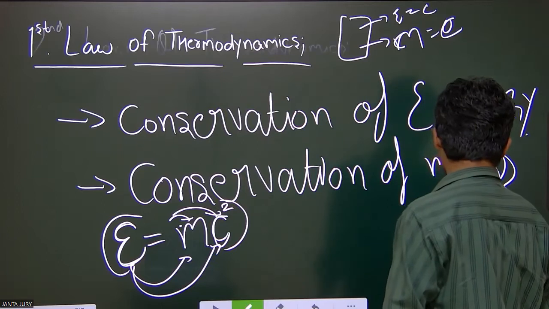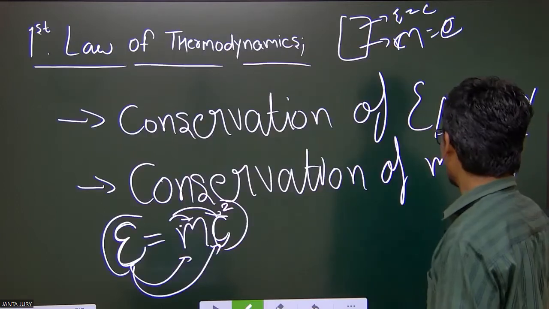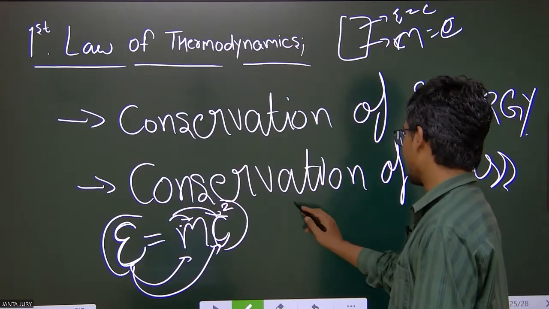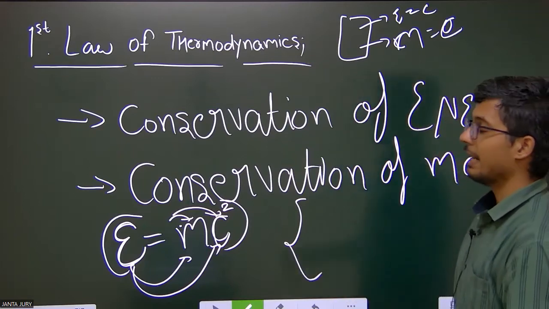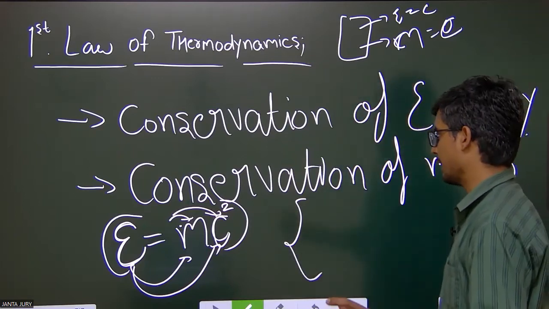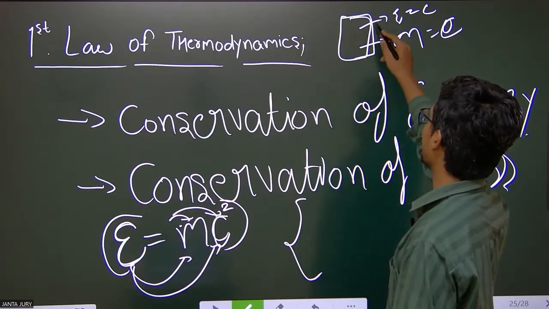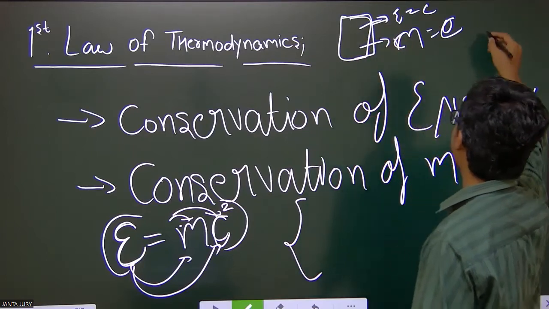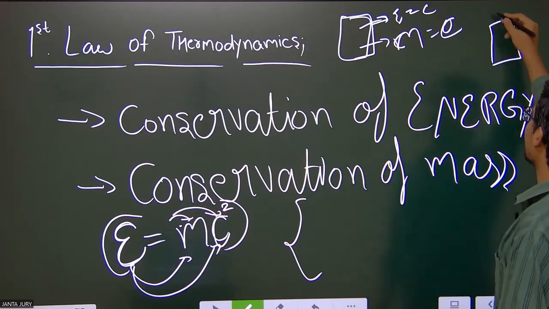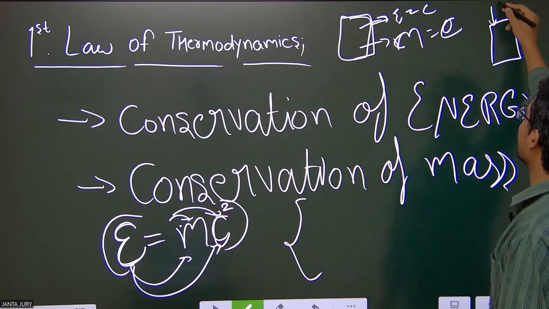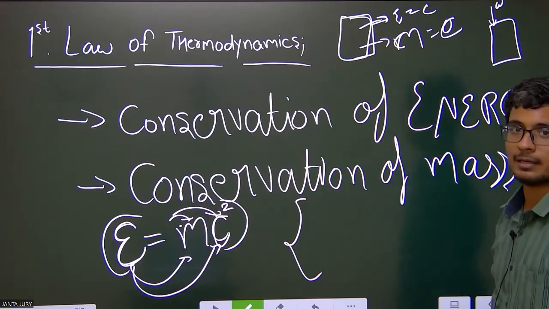This law brings into the picture the internal energy. As I said, a closed system will have constant energy, but in case we apply force or work on this system, then what will happen?